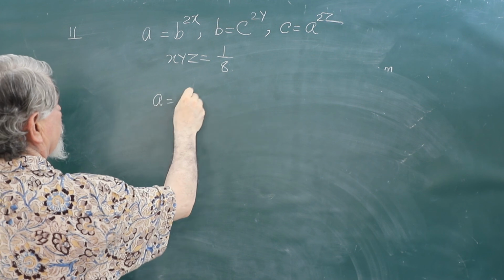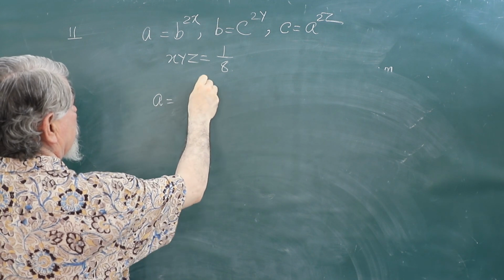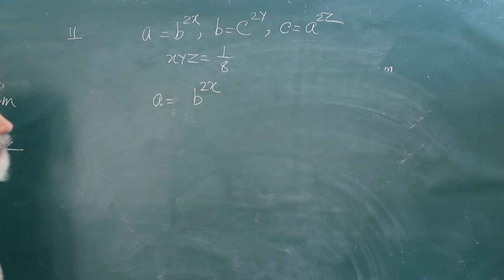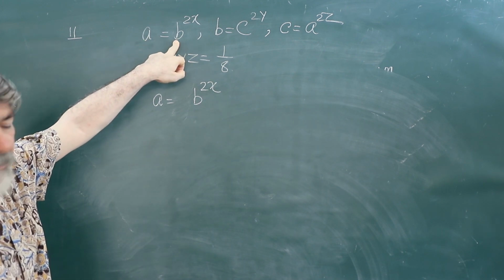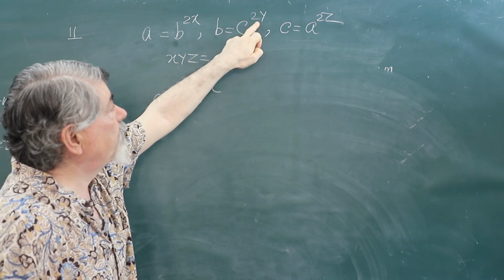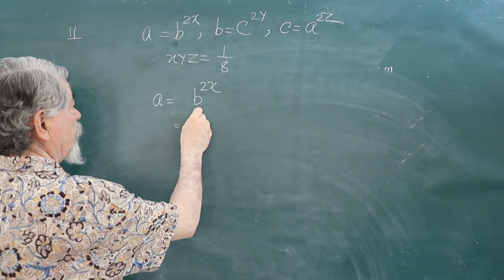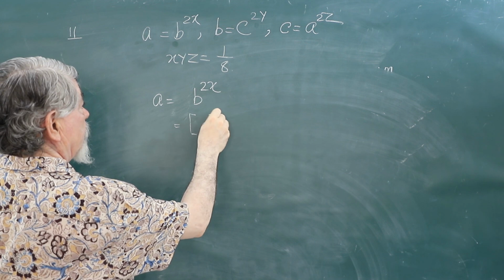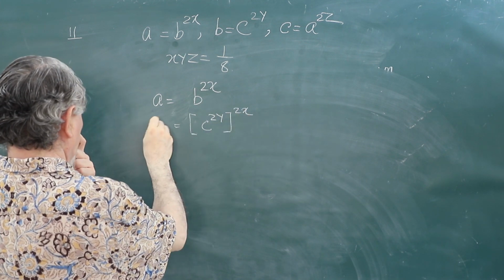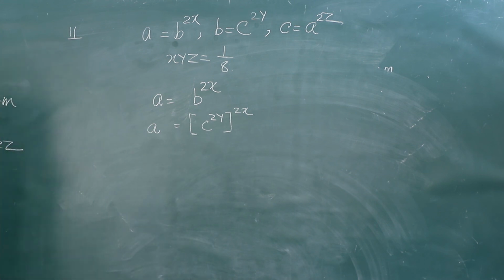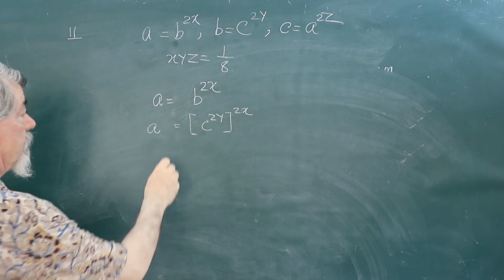A is b to the power 2x. It is given a is equal to b to the power 2x. But b is c to the power 2y. The value of b is what? C to the power 2y to the power 2x. Now, what is c?